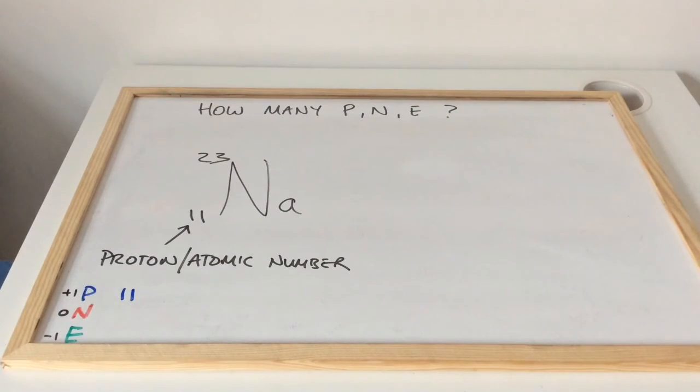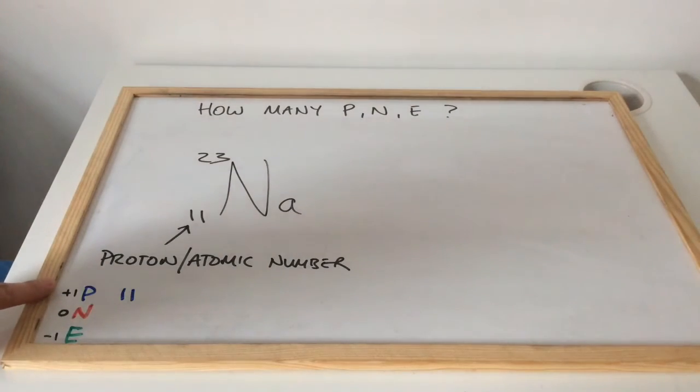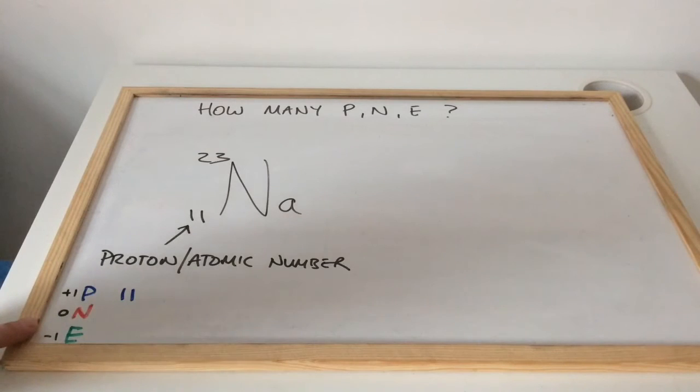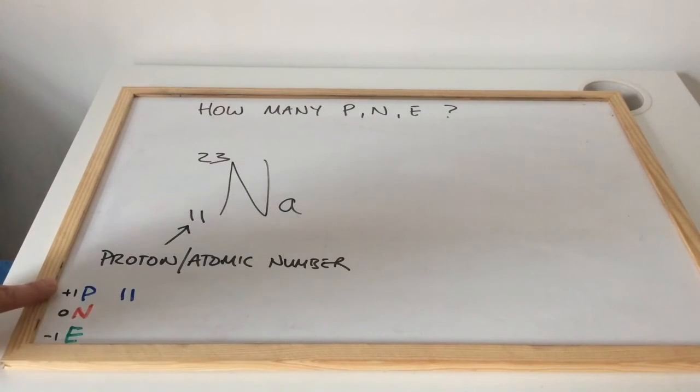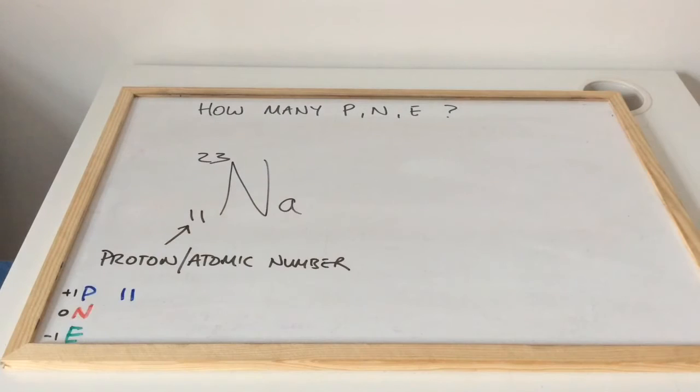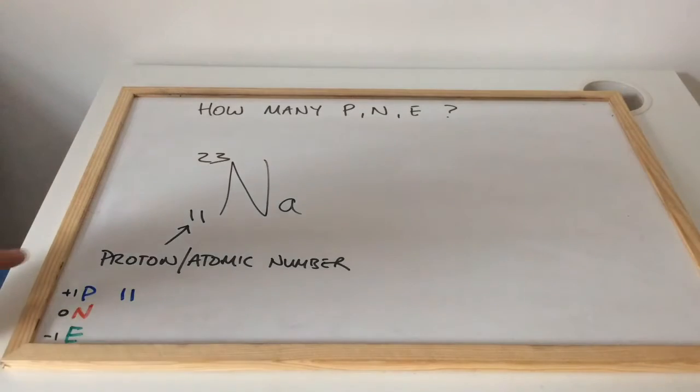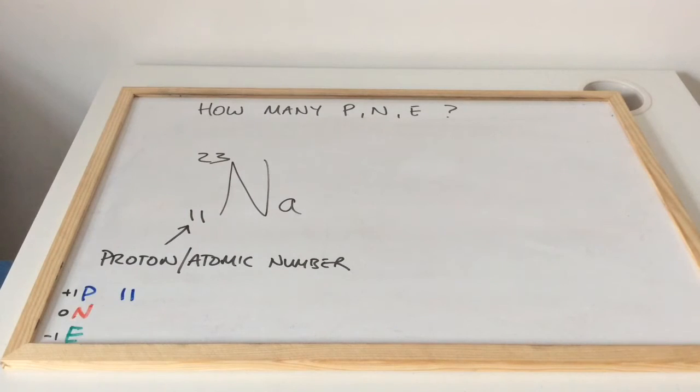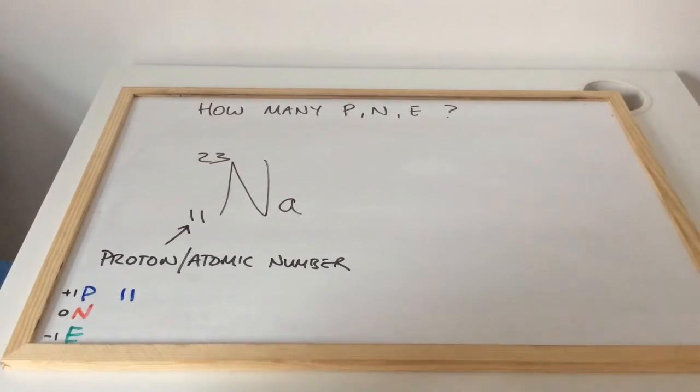Now you can see I've also done a little reminder there of the charges of these particles. Protons are +1 charge, and we've got 11 of those. Another thing we need to know about atoms is they are overall neutral, so they don't actually have an overall charge. So if sodium's got 11 protons, 11 pluses, it must also have 11 minuses.